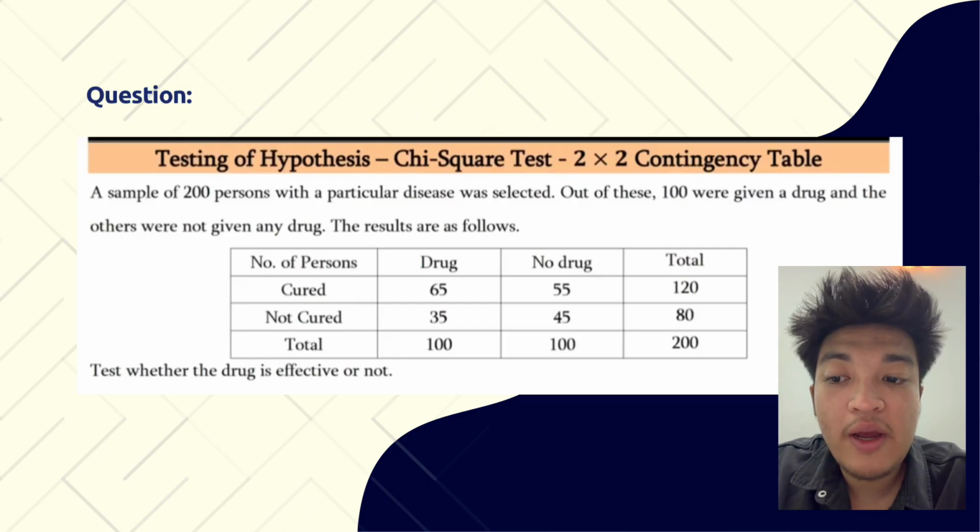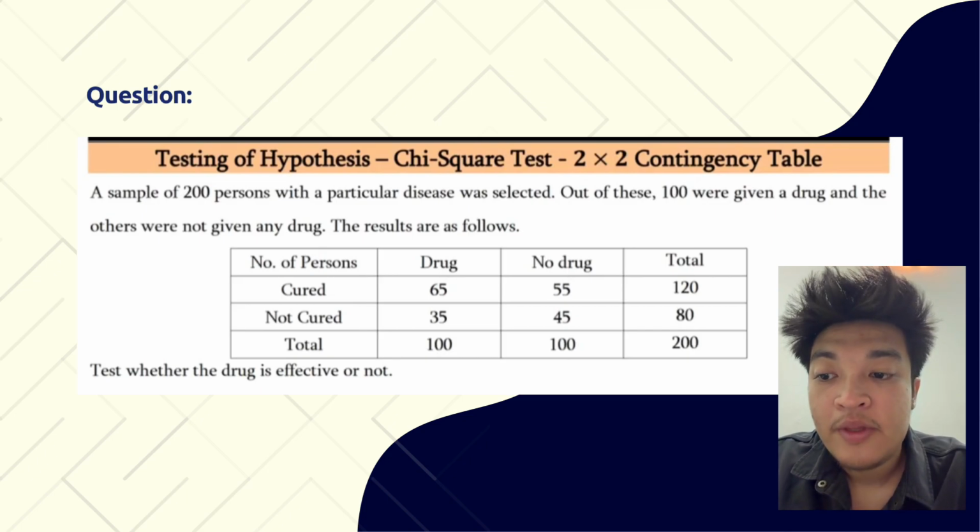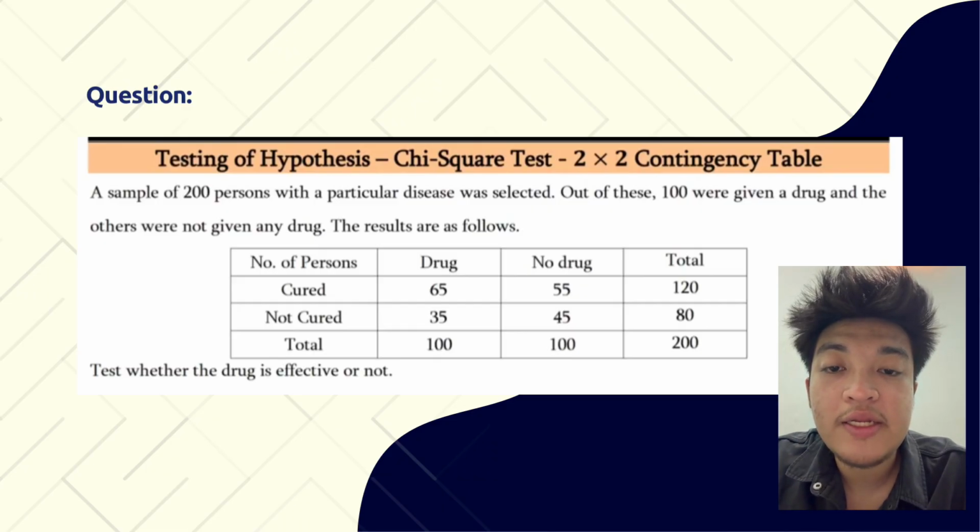Let's look at the breakdown of what happened after the treatment period. Out of the 100 people who took the drug, 65 were cured and 35 were not. Meanwhile, in the control group, the 100 people who did not take the drug, 55 were cured and 45 were not.